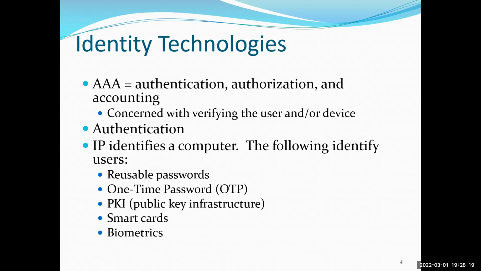So AAA services like Radius are concerned with verifying the user and or device. You're going to do some authentication. Now you can, in fact, authenticate on Radius itself. You could set up an account there, and that's something that could work.